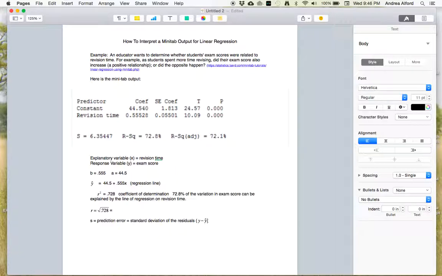Okay, so our prediction error here is 6.354. What does that mean?